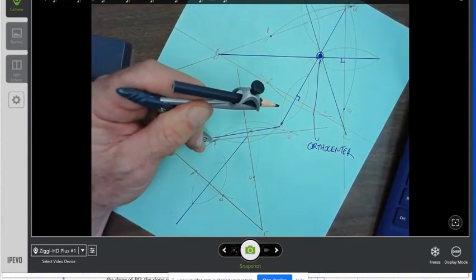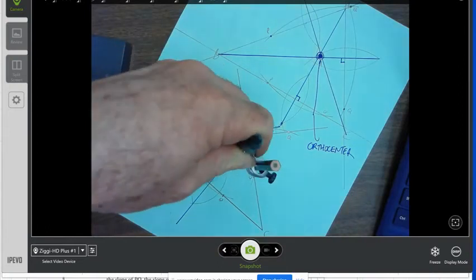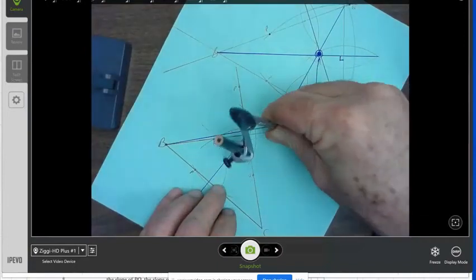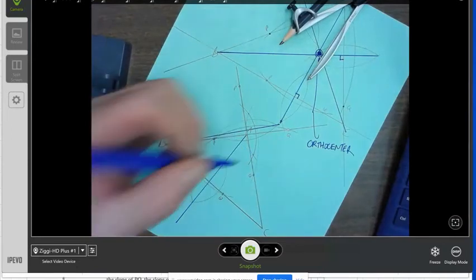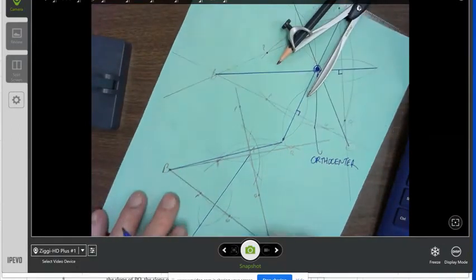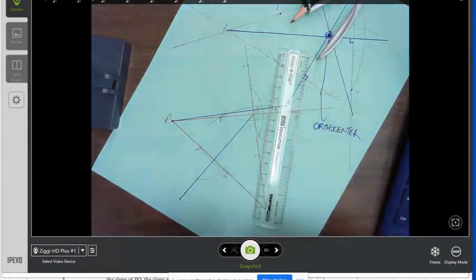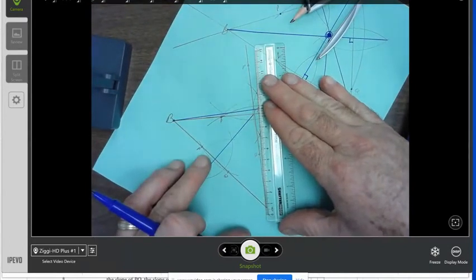And so now the perpendicular bisector of PQ is going to be formed by those two arcs. And if we did everything right, that should go right through point C.